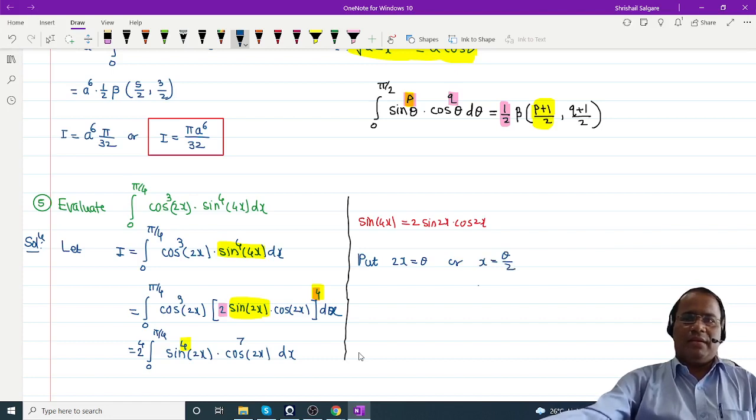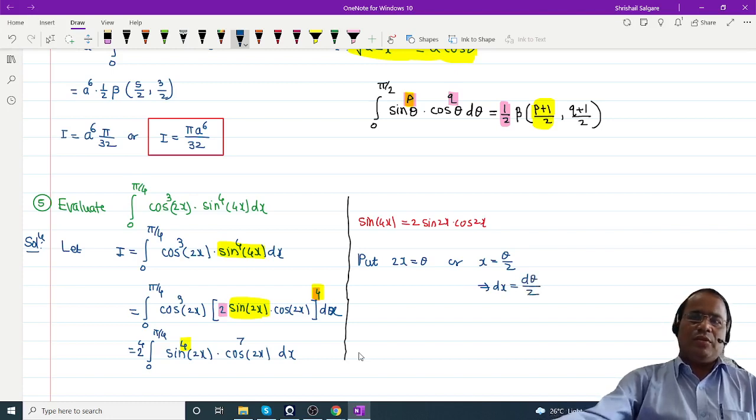Then dx is given by d theta divided by 2. Now the limits: the given limits for x are from 0 to pi by 4, and theta is your new variable.